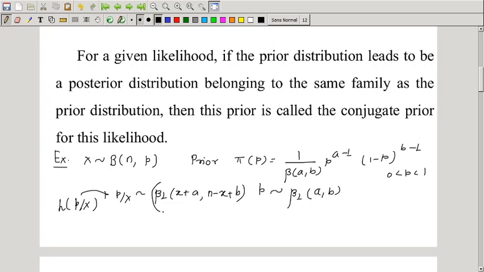So this is again the beta distribution of first kind. This means the prior and posterior have come from the same family, so that prior is known as conjugate prior.